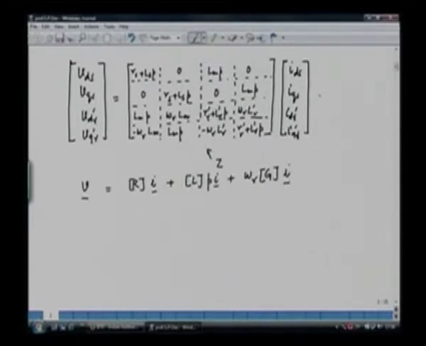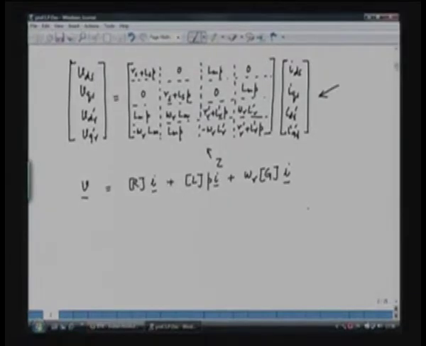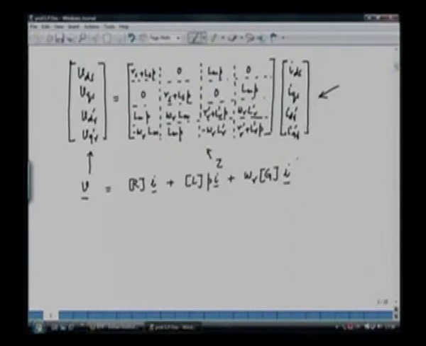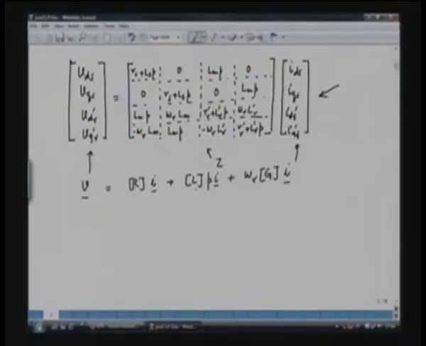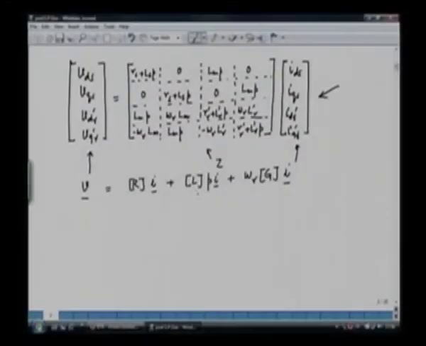So this matrix equation can be written in the following form. Here V is a vector, V is corresponding to this vector, I is corresponding to this vector, R is the resistance matrix, which is a diagonal matrix having the elements RS, RS for the stator and RR prime and RR prime for the rotor, and this L P is the matrix associated with the derivative of the current.